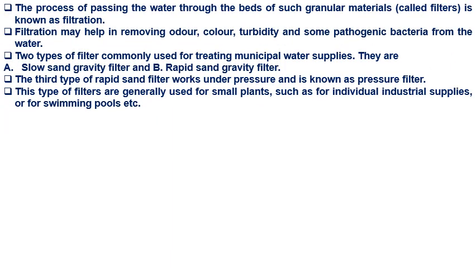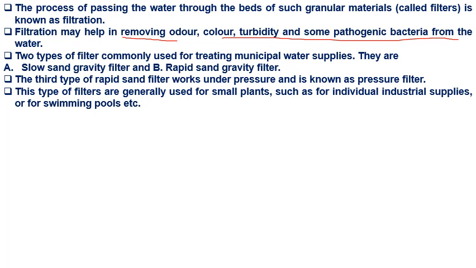The process of passing the water through beds of such granular materials called filters is known as filtration. Filtration may help in removing odor, color, turbidity and some pathogenic bacteria from the water. Two types of filters are commonly used for treating municipal water supplies: the slow sand gravity filter and the rapid sand gravity filter.